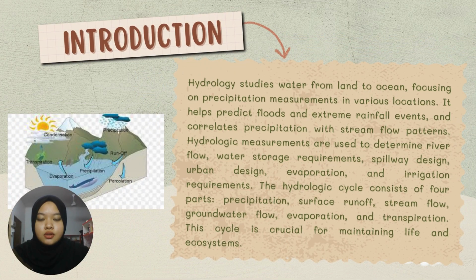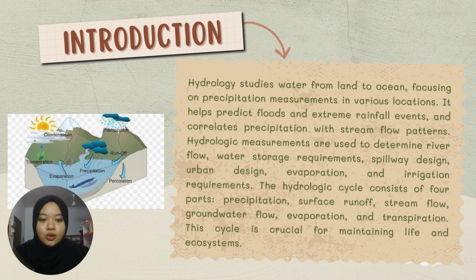So let's start with the introduction. Hydrology studies water from land to ocean, focusing on precipitation measurements in various locations. It helps predict floods and extreme rainfall events and correlates precipitation with stream flow patterns.